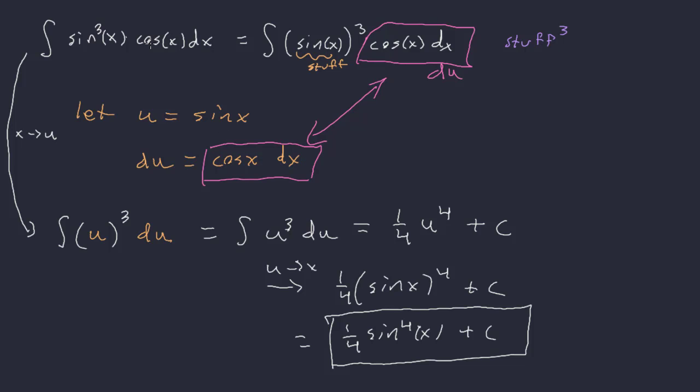Say if someone asks you a question in French, you process it, get an answer in English, then you translate it into French before you send the answer back to your French-speaking friend. Right? This is a similar idea. We got an integral in x that we don't really like, so we translate it into u. The u we do like, we integrate, and then we translate back into x.